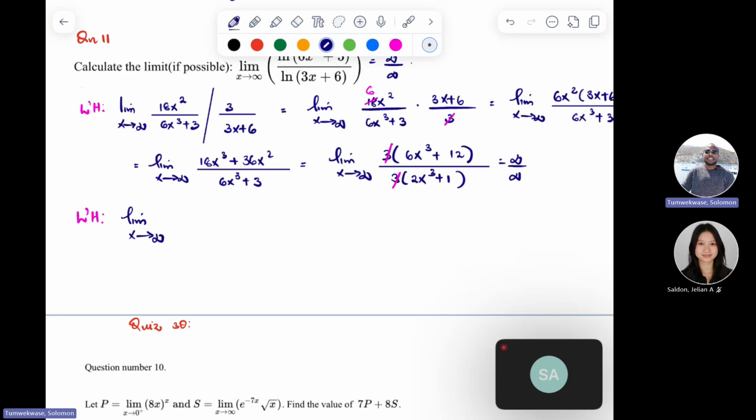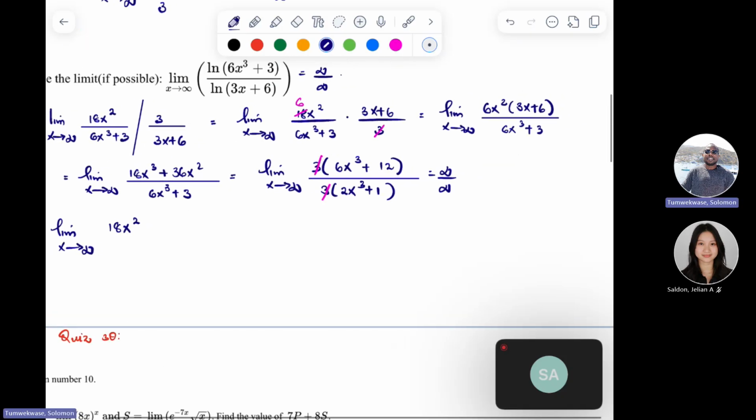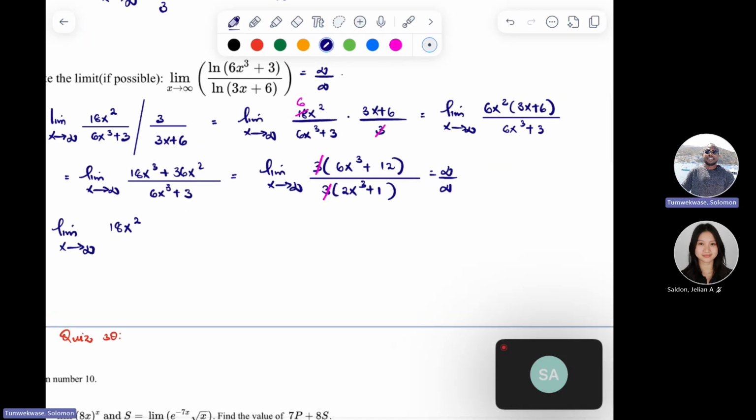Take the derivative of the numerator, and I'll get 18x squared plus... no, not plus 0. So this is not 12, this is 12x squared.